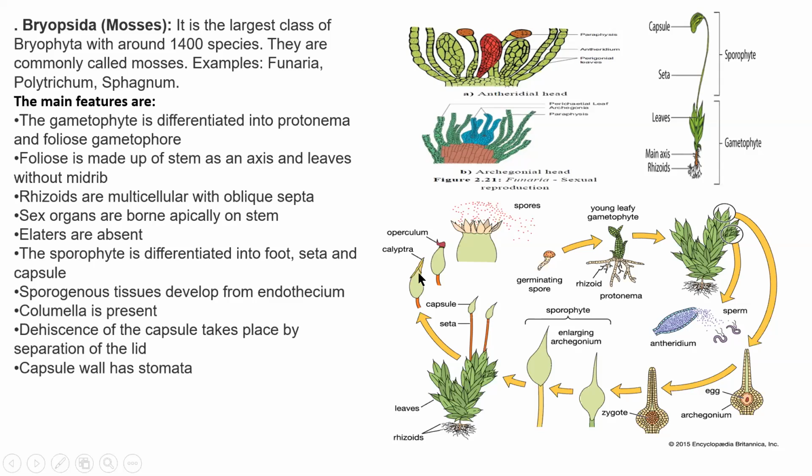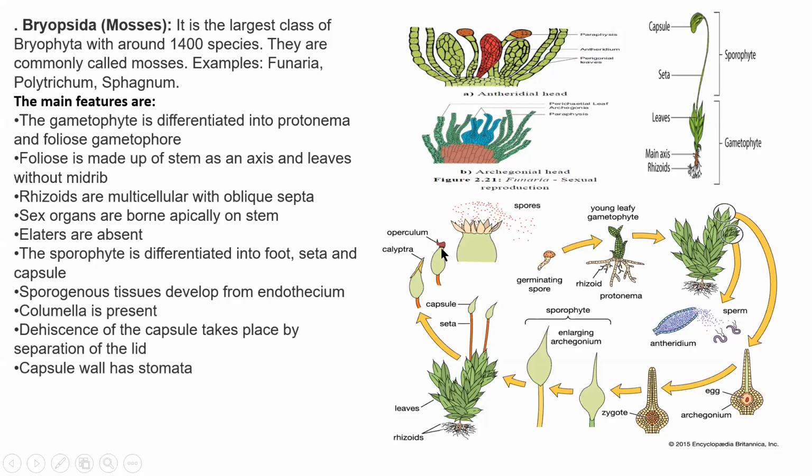The sporophyte is again differentiated into foot, seta, and capsule. The foot is embedded in the gametophytic portion, the gametophore, and the seta is very long, and you have the capsule, which is also quite big and very distinct. You can see the operculum, the lid.